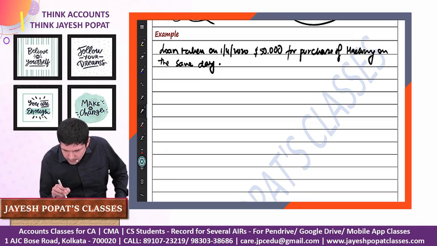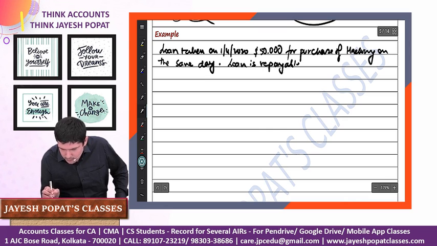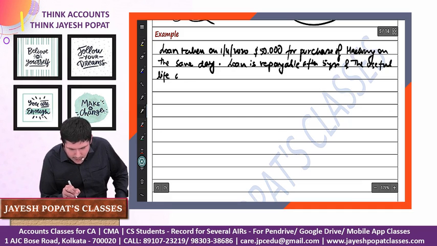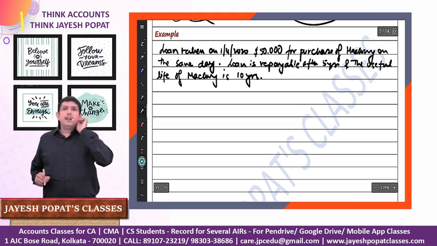The loan is repayable after 5 years and the useful life of the machinery is, let's say, 10 years, right?